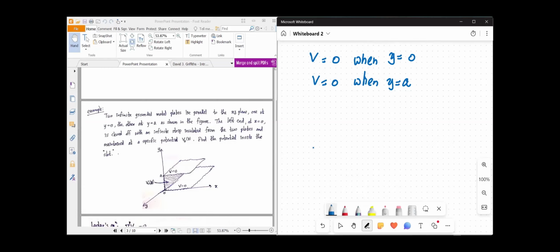Then also it is given that at x equals 0, it is closed off with an infinite strip insulated from the two plates and it is maintained at a specific potential V naught of y.